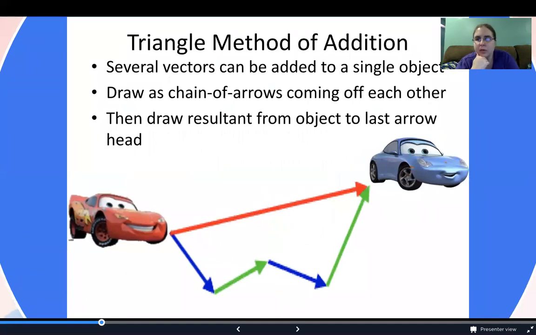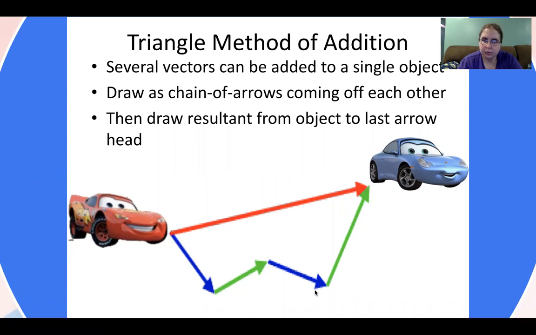So we do also have what's called the triangle method of addition. For instance, we have 1, 2, 3, 4 vectors there. And this red one, that's the resultant. Now, how we could do this is, again, the triangle method. You're going to draw the initial velocities or displacements, whatever the vectors are related to.